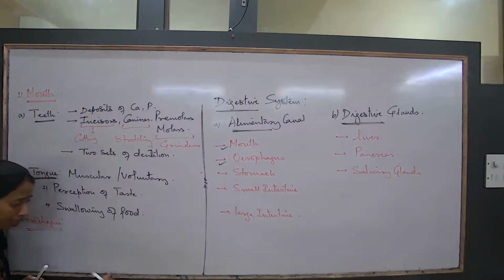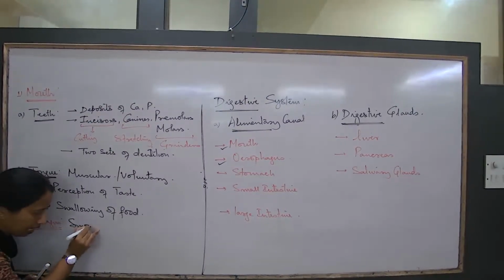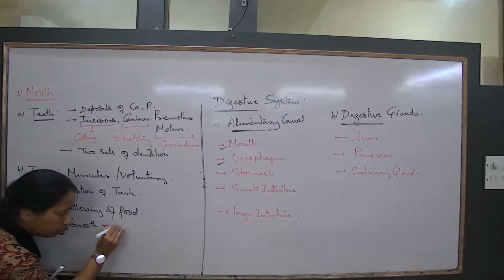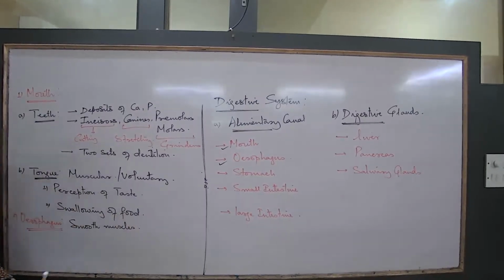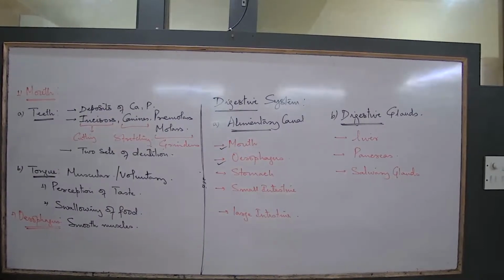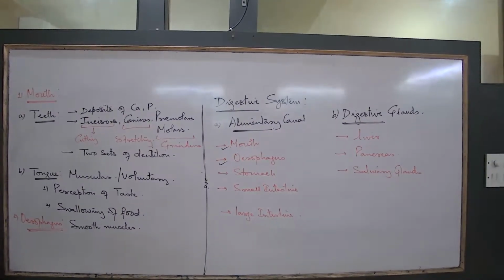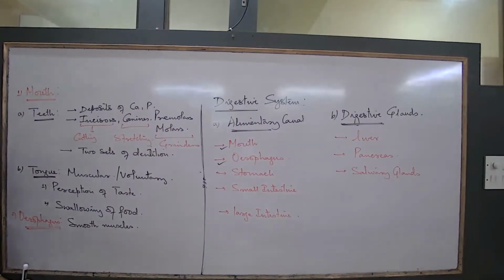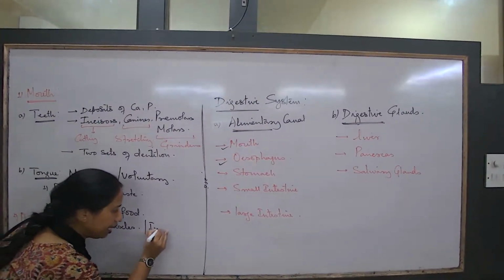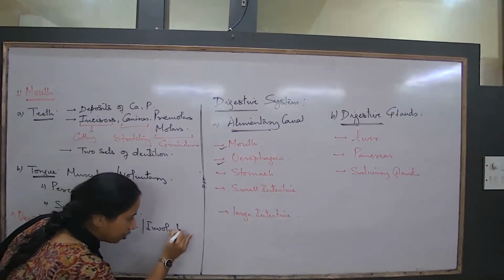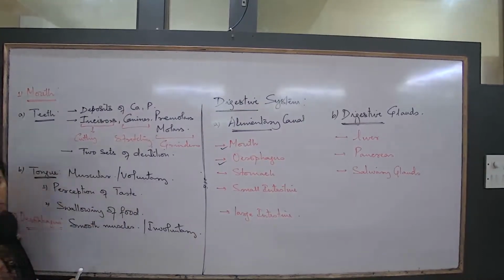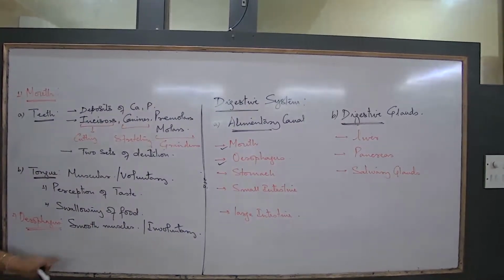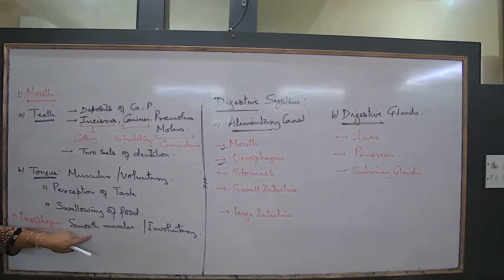It is also made up of muscles, but I would write it is made up of smooth muscles. So if it is smooth muscle, are we able to contract the food pipe on our own? No. So they are involuntary in nature. The features of the esophagus: made up of smooth muscles, absolutely involuntary.